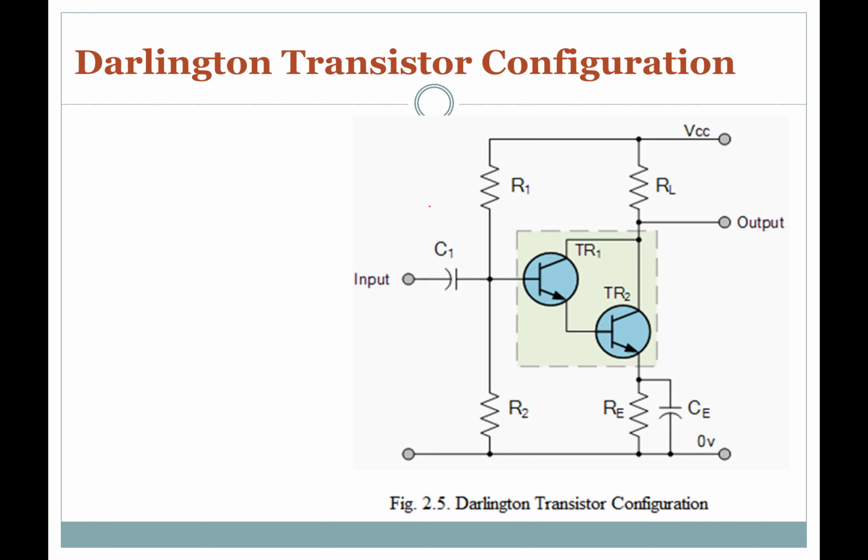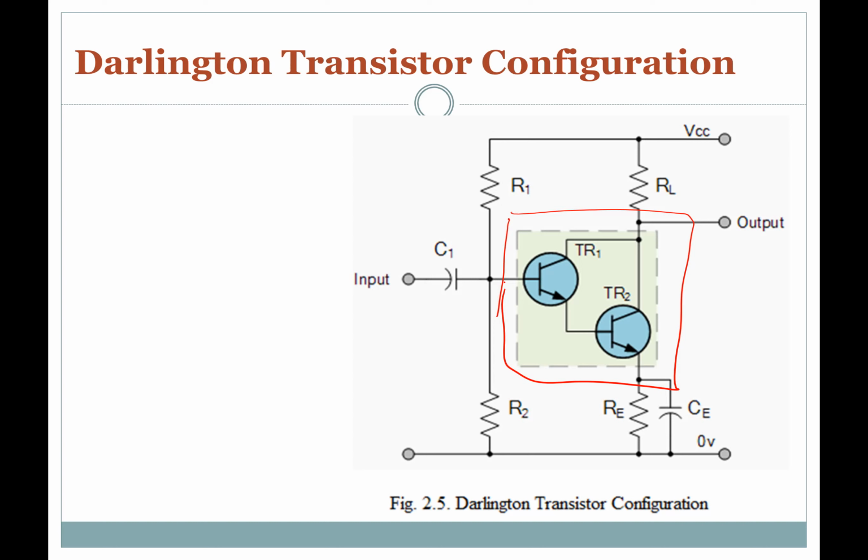Okay, another way to increase the current handling capacity of the circuit while at the same time obtaining a greater power gain is to replace the single output transistor, which we saw in the previous diagram, with what we call a Darlington transistor. This configuration has two transistors in a single package, and that is what we call the Darlington transistor.